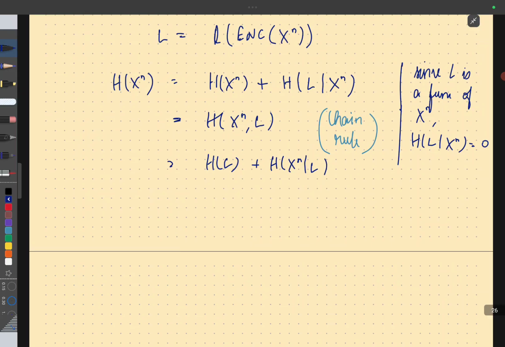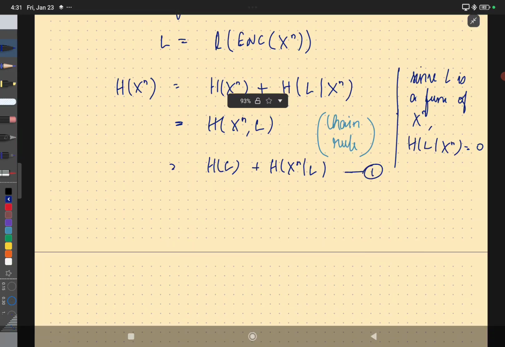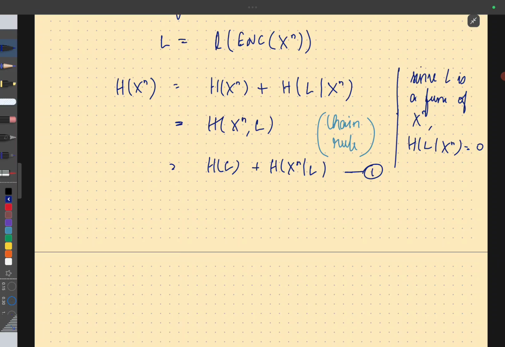Great. So let's call this equation 1 and see how to bound each of these two terms. Because neither of these terms are what we essentially require.